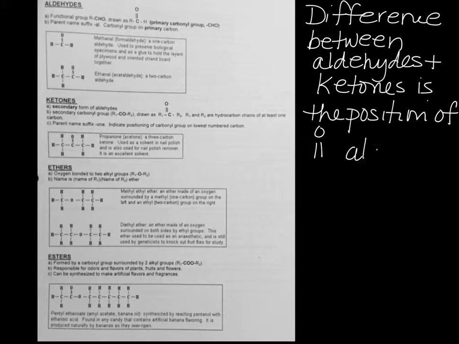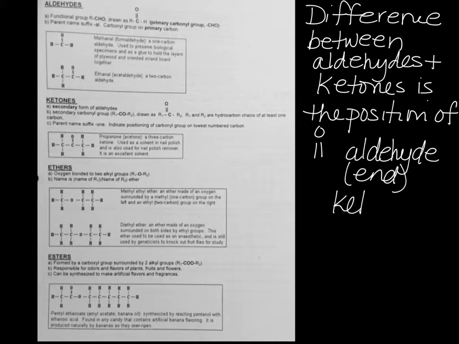In an aldehyde, it's at the end. And in a ketone, it's somewhere in the middle. So their functional group is exactly the same, double bonded oxygen.